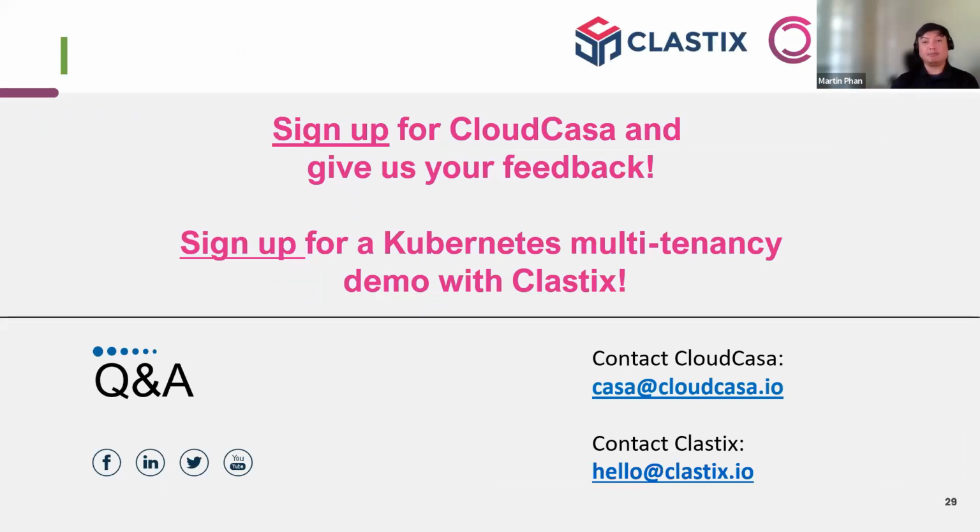With that free sign up, if you're licensing CloudCasa Pro, you get 1 terabyte of storage. But if you're licensing CloudCasa for Velero, you get 15 worker nodes entirely for free. And then you can take advantage of the multi-tenancy aspect by simply installing the Capsule module in your cluster.